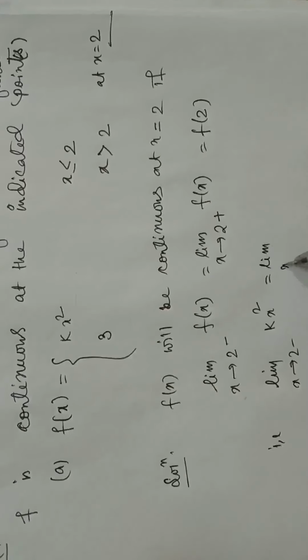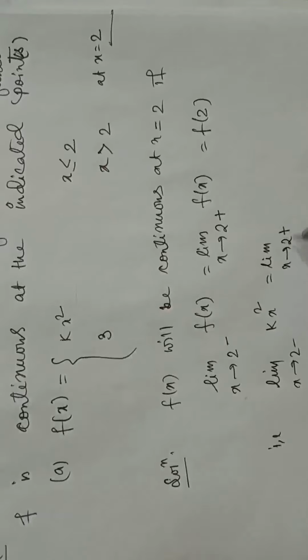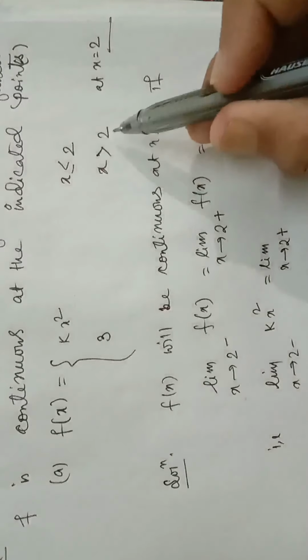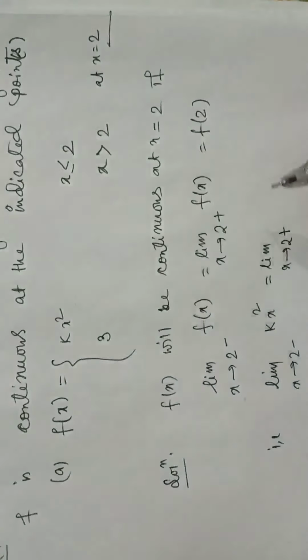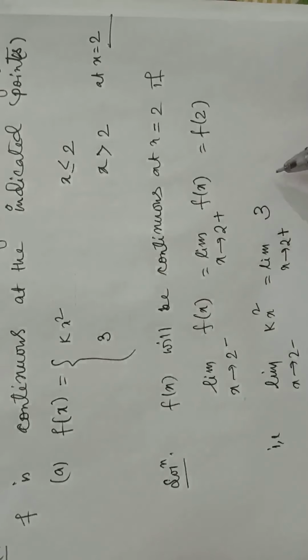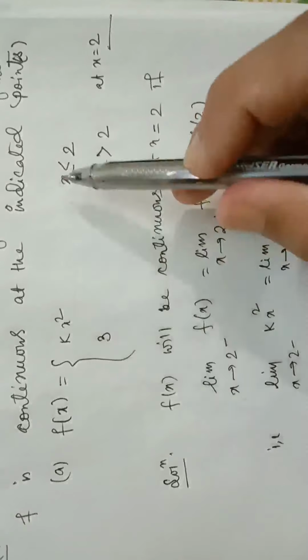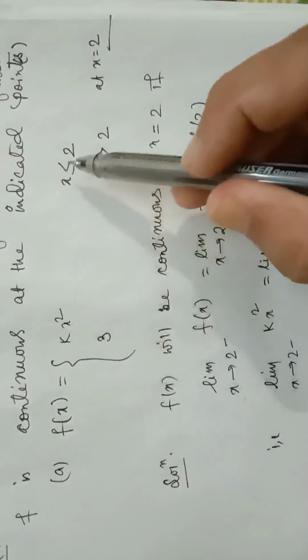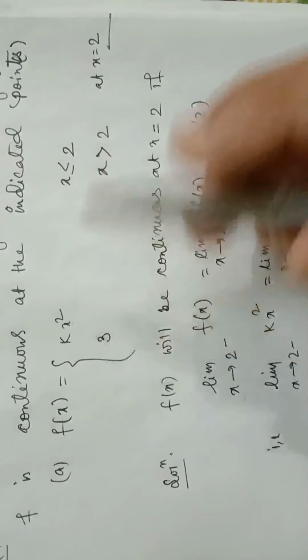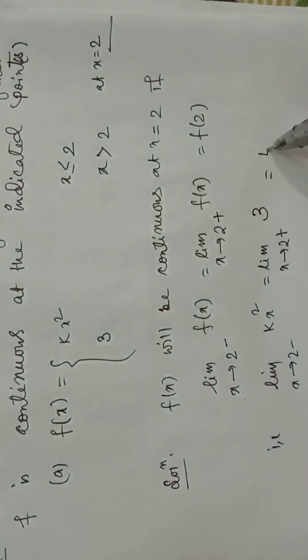Limit x tends to 2 plus means x is more than 2. When x is more than 2, f(x) equal to 3. And f of 2: to find f of 2 we have to put 2 here, as the equal to sign is here, we have to put x equal to 2 here. It will be k into 2 square, that is 4 into k.